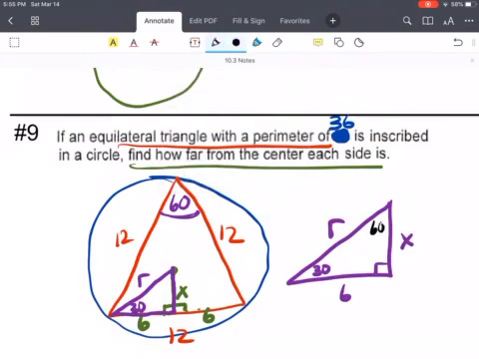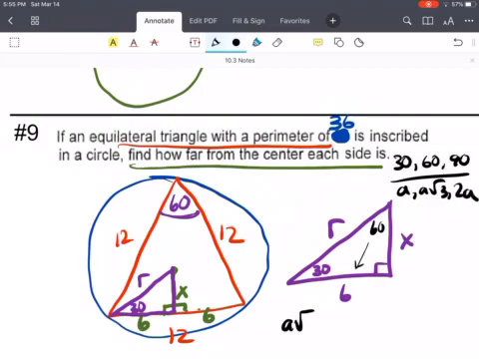So if across from 60 is my 6, remembering our triangle families of the 30, 60, 90 is a, a root 3, and 2a, I have my a root 3 value is 6.